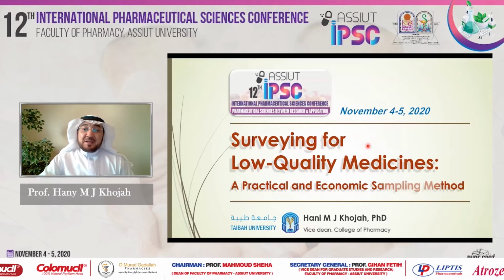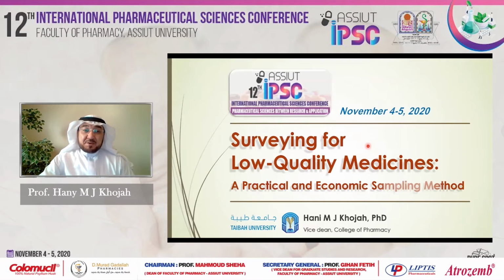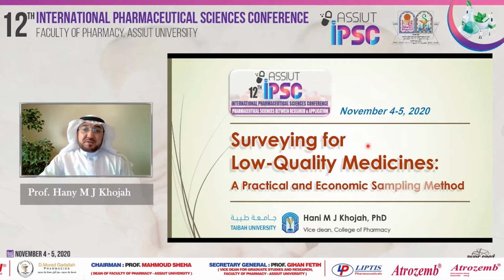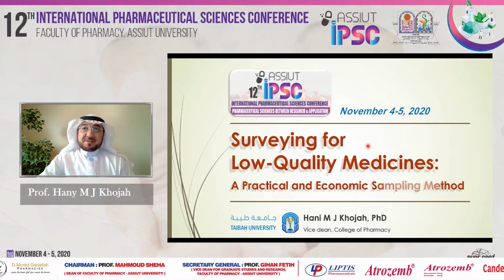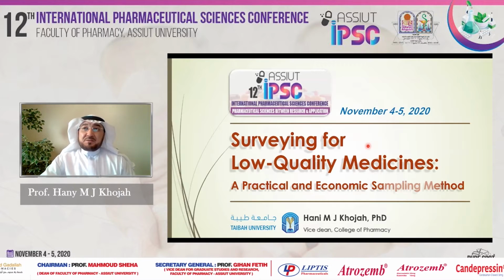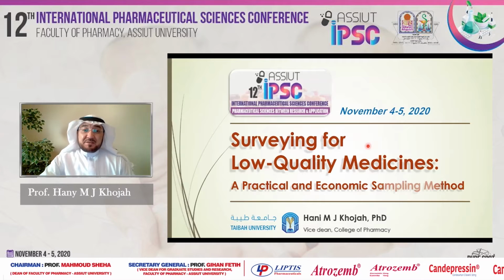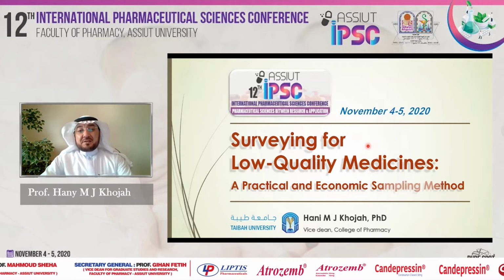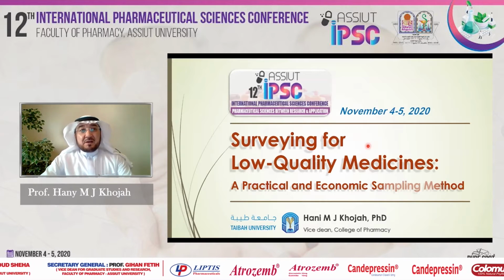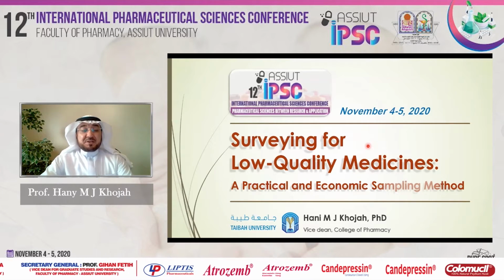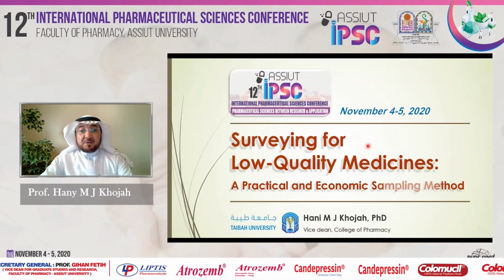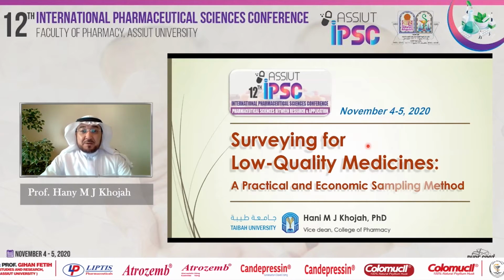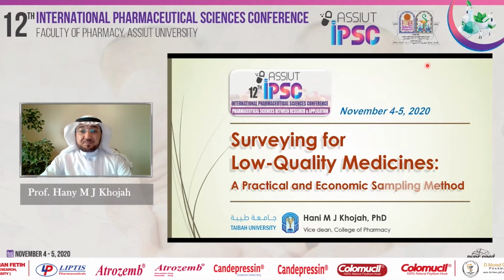And convenience sampling is widely used for this purpose, although bias is clearly introduced because usually only the accessible pharmacies or drug selling outlets in these countries are selected. For this reason, there is always a need for an economic probability sampling method which is valid, reliable, and reproducible. And this is what I'm going to talk about in this presentation.